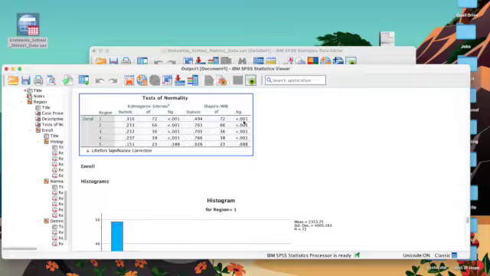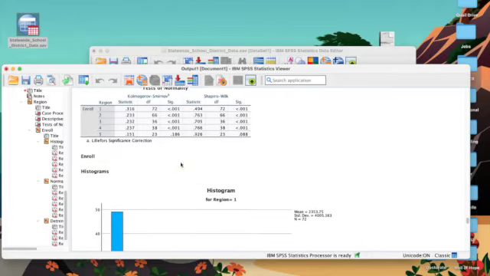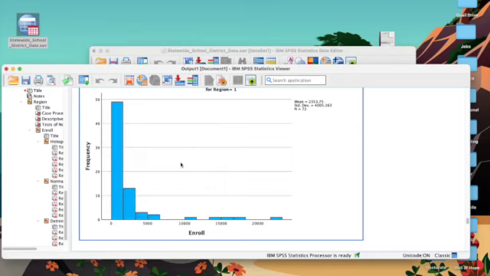So we do have the significance here of 0.001, which in this case would be less than 0.05. So we're looking at probably not on Region 1. And Region 5 is greater than 0.05, so it is. So let's look at our histograms to make sure we're right.